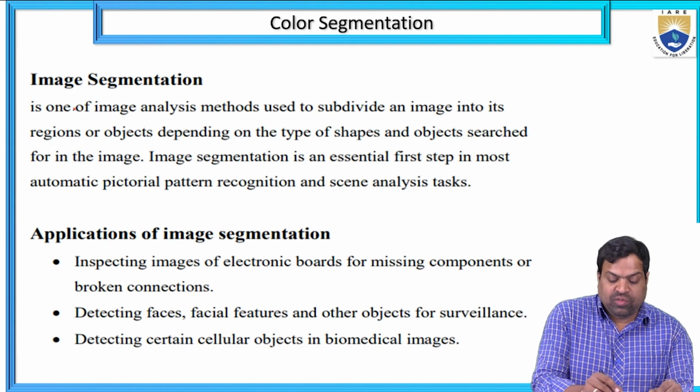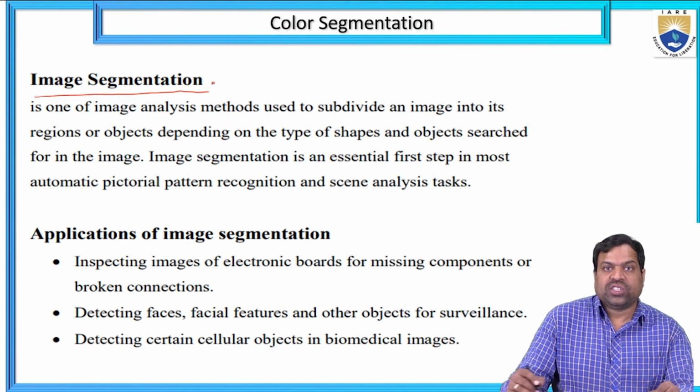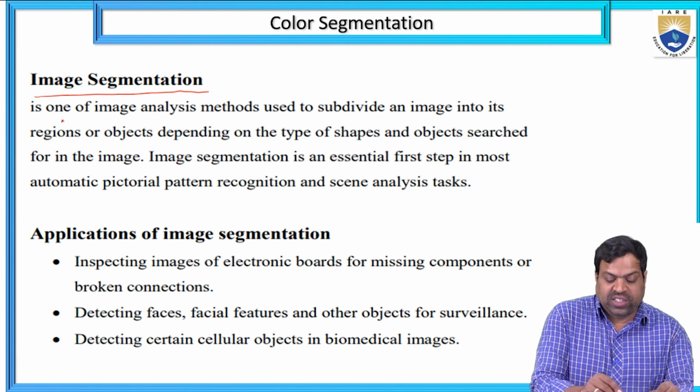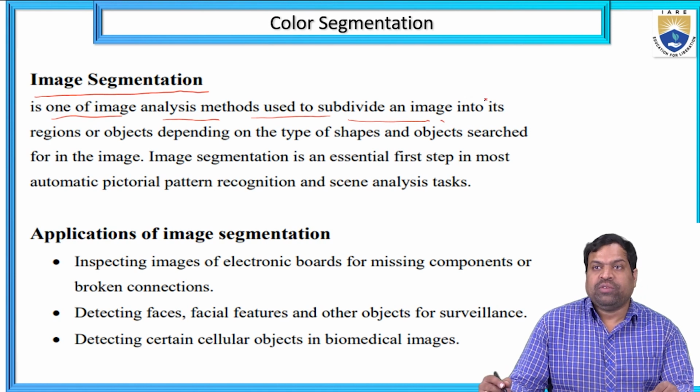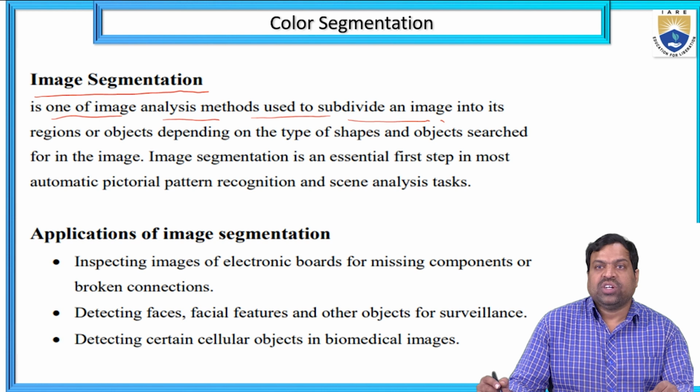Image segmentation is one of the image analysis methods used to subdivide an image into its regions or objects depending on the type of shapes and objects searched for in an image. It is an essential first step in most automatic pictorial pattern recognition and scene analysis tasks.